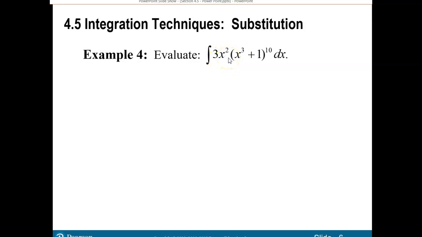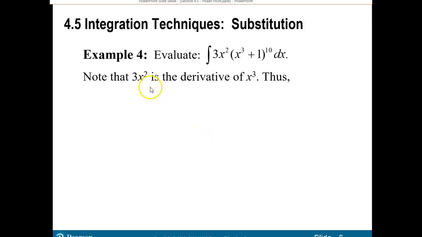So 3x squared is the derivative of the inside function. The first thing they do is take this derivative piece and rewrite the problem by putting it back next to the dx, shifting it to the back of the problem: x cubed plus 1 to the 10th, and then the 3x squared back here.